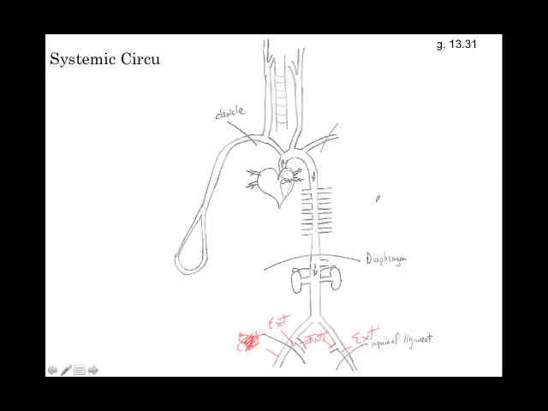The external iliac will supply blood into the lower limb. Now, when that external iliac passes through what's called the inguinal ligament, it is no longer external iliac, it is now the femoral artery, or femoral. And I think that's the last artery that you need to know as far as the lower limb is concerned.